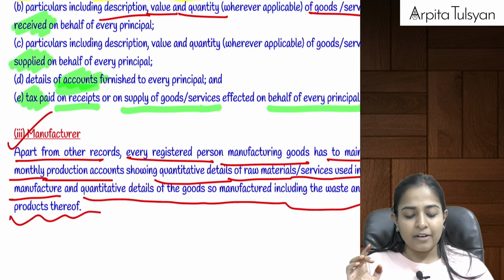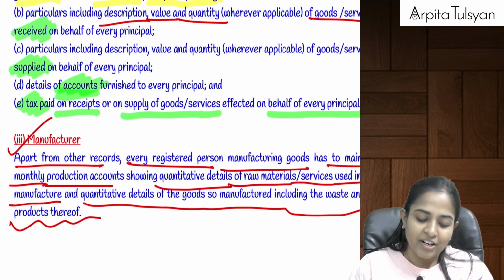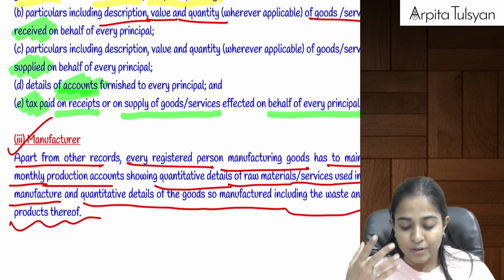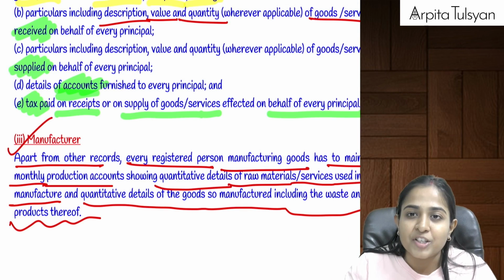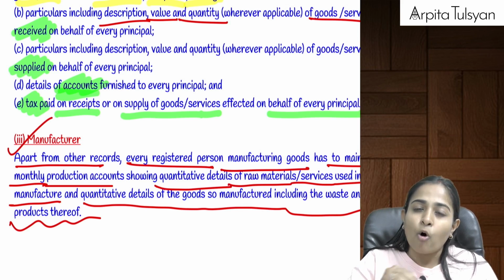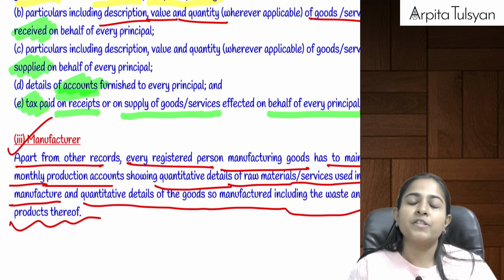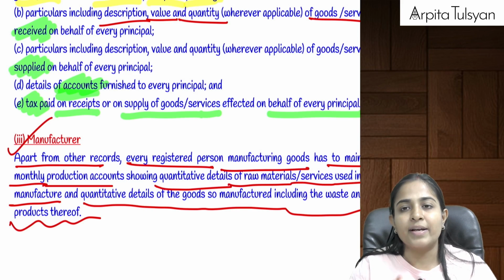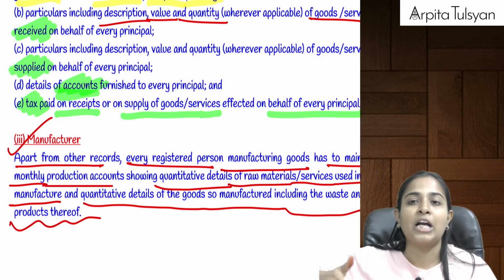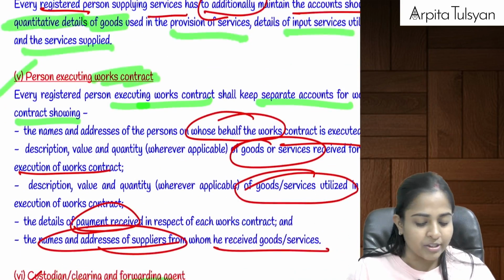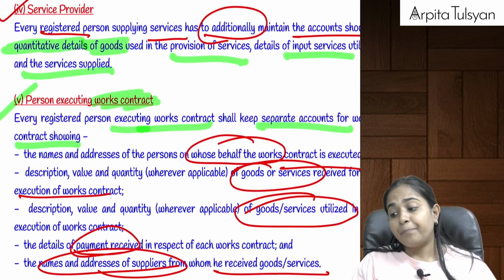Then similarly, for a manufacturer, every manufacturer, if he is a registered person who is manufacturing goods, is required to maintain all the quantitative information. What raw material was received by him, what quantity, value, etc., how much he has utilized, how much he has converted into finished goods, how much is kept in WIP, all those details he is required to maintain.